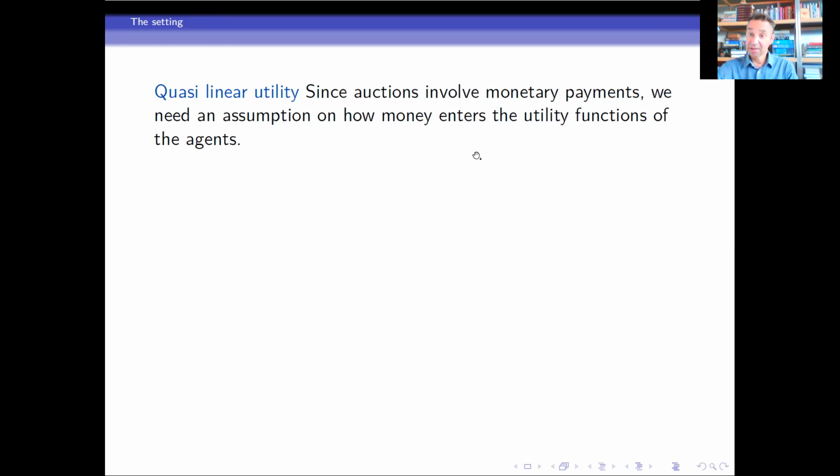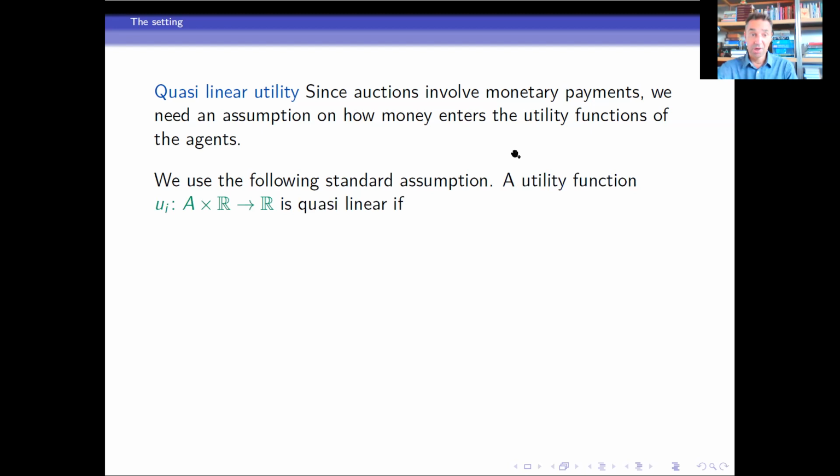What it means is that each agent not only has a utility for the allocation of the physical goods that we're going to assign, but he also has a utility for money. That is represented by this u_i, and it's supposed to be quasi-linear.